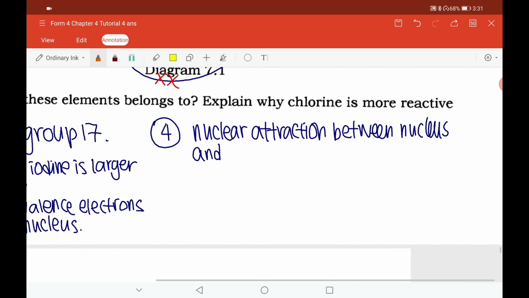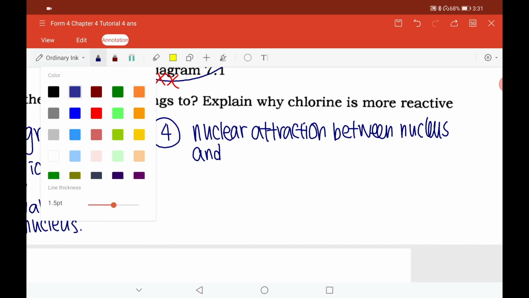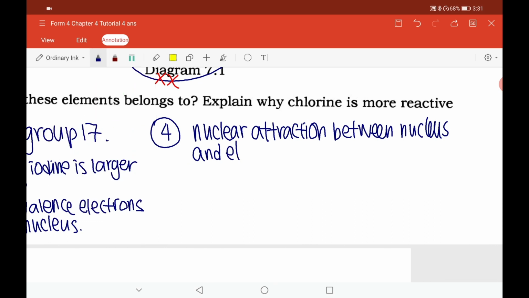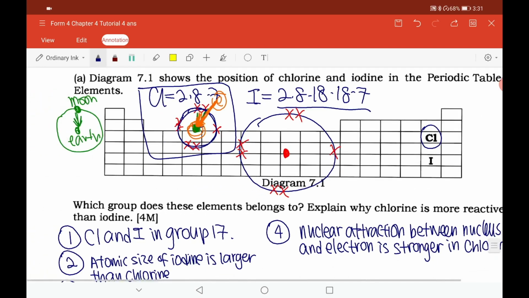The nuclear attraction between the nucleus and the electron is actually stronger in chlorine. So in chlorine, the pulling force is stronger. Why? Because the size of chlorine is smaller, so the electron is very close to the nucleus. When the electron is close to the nucleus, the pulling force is strong.